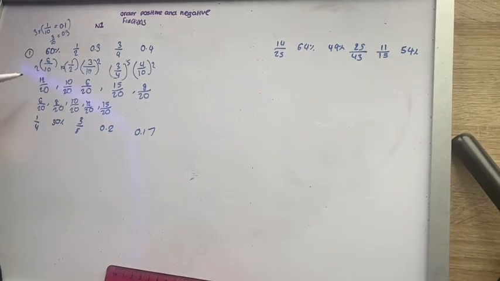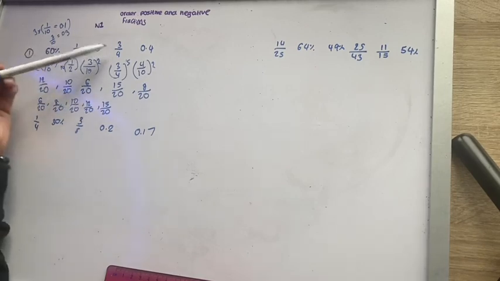And then you'd have to put it in order. So that would be 0.3. This would be, what was the 8 over 20? 0.4, a half, and then 60%, and then 3 over 4. So you have to put it back as the numbers originally were.